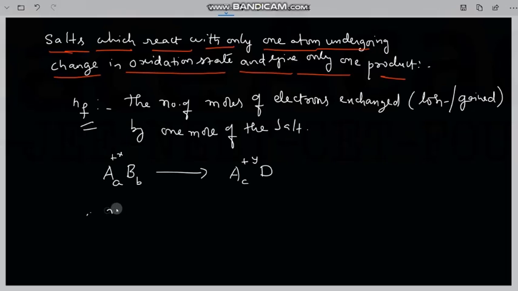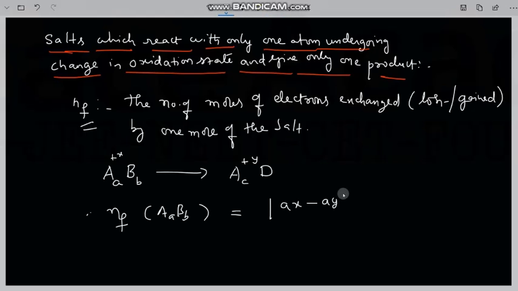So what is the n factor for this AaBb? It can be given as modulus of ax minus ay. ax minus ay is the answer for the formula.